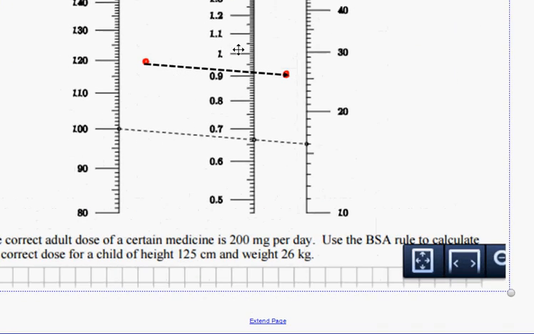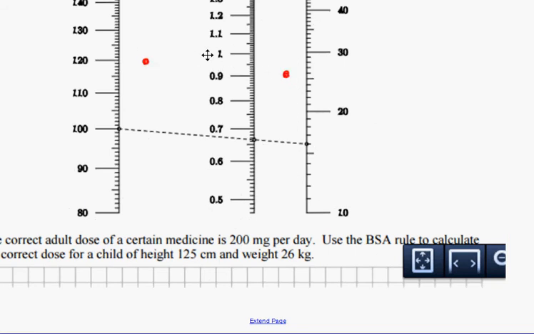So what you can see now is that this kid who is 100 centimeters tall and weighs 16 kilograms has a BSA of, is it 0.67? 2 notches above the 0.65 mark, so 0.67 BSA.